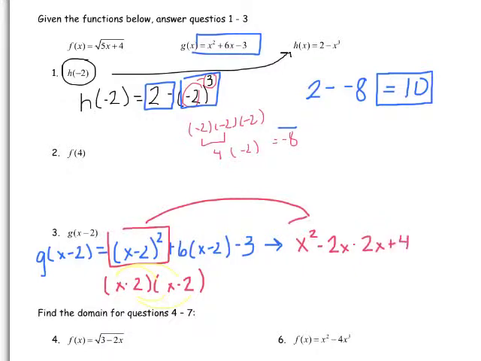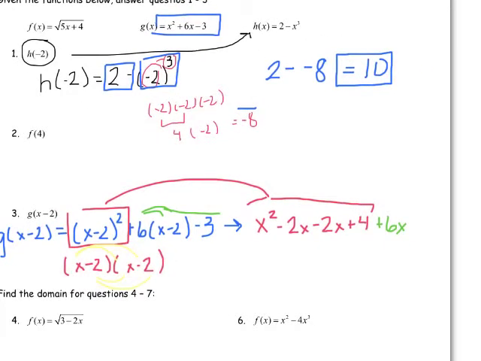So that was all of that red. Go ahead and distribute this 6 to the x and to the minus 2. So that's plus 6x minus 12. And then we still have minus 3.